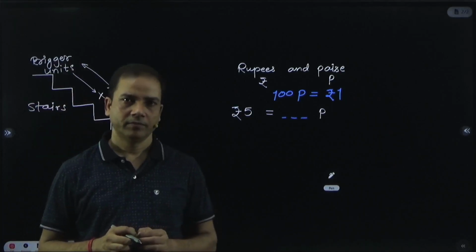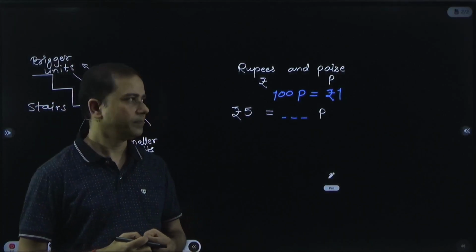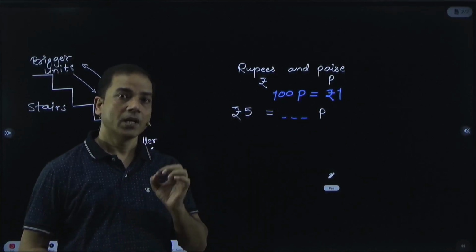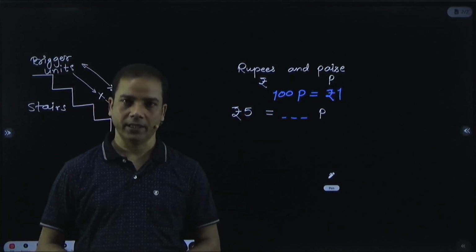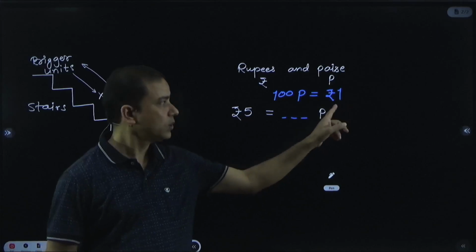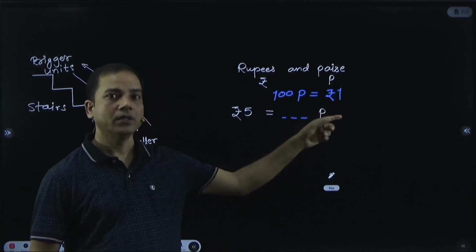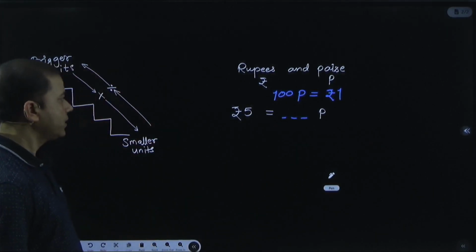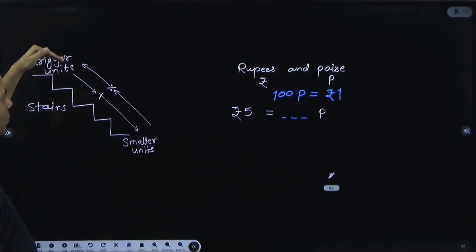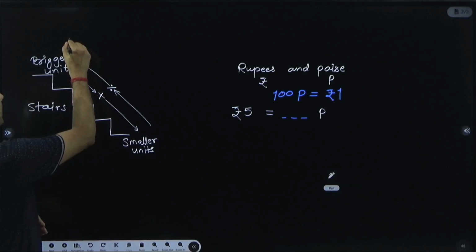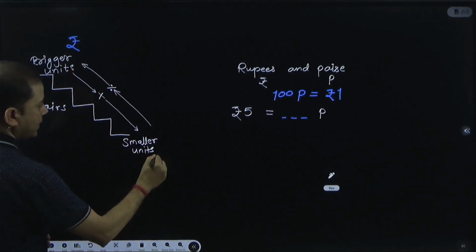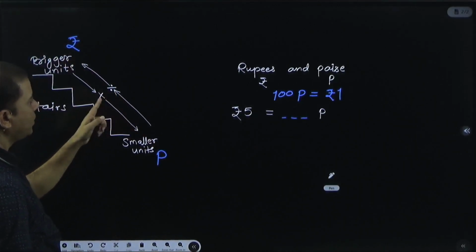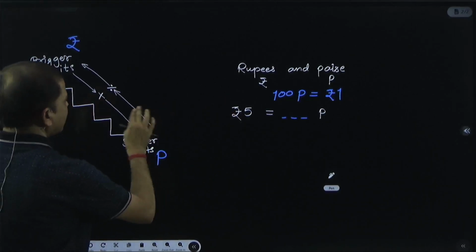Notice the number that is involved in the relation. In this relation, what is the number involved? The number is 100. Ignore 1, 1 is also a number, but focus on that other number, 100. So if you change rupees to paise, you multiply, and multiply by what?